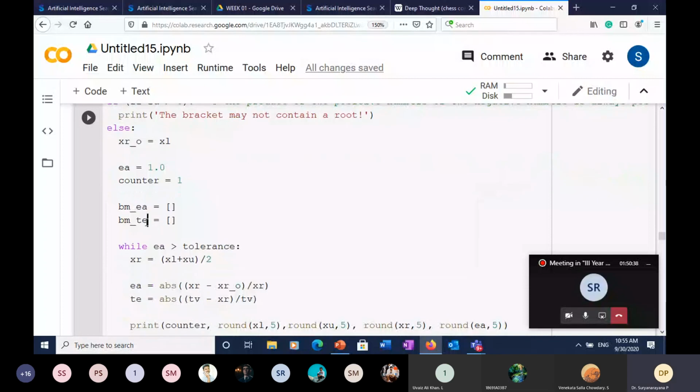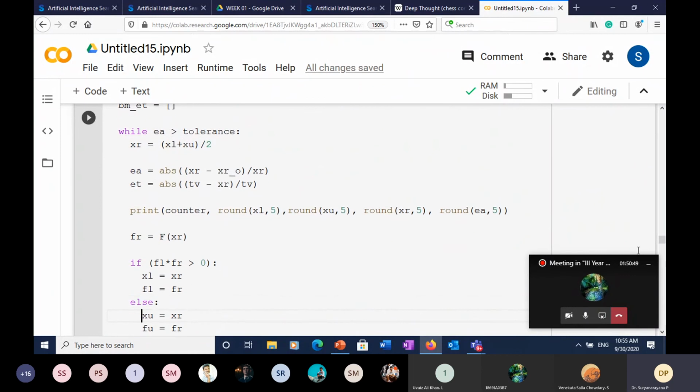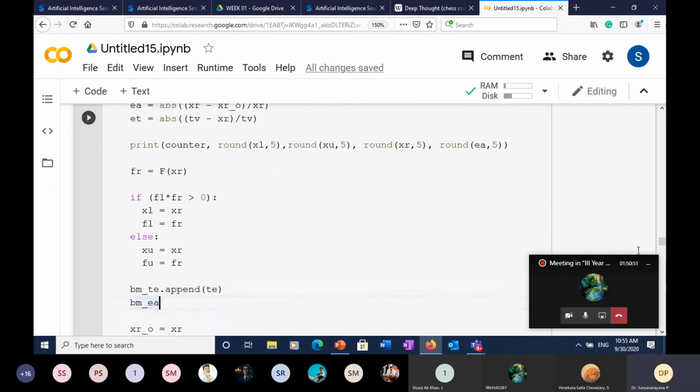To be consistent, EA is approximate error, ET is true error. Let's stick to that notation. So I'll say ET is append ET, dot append EA.